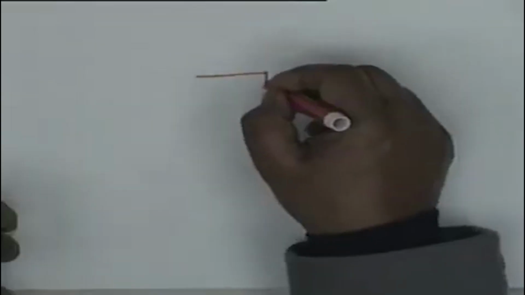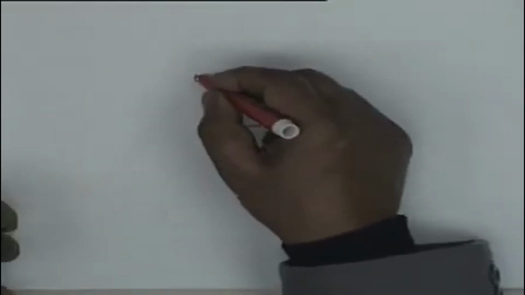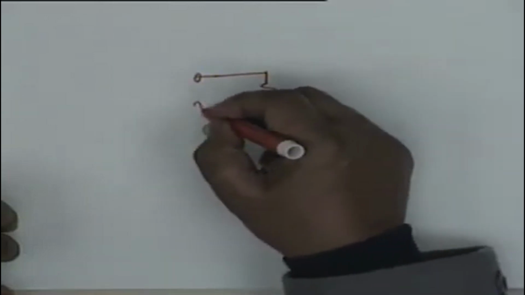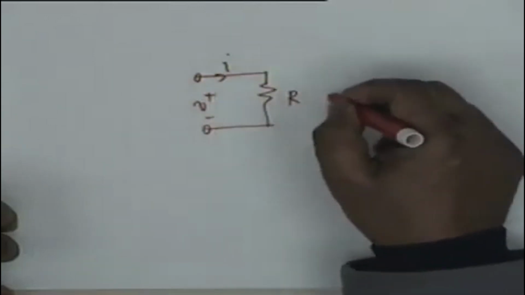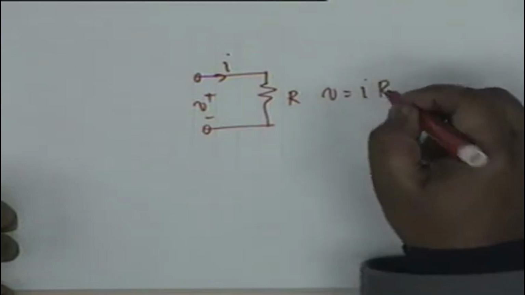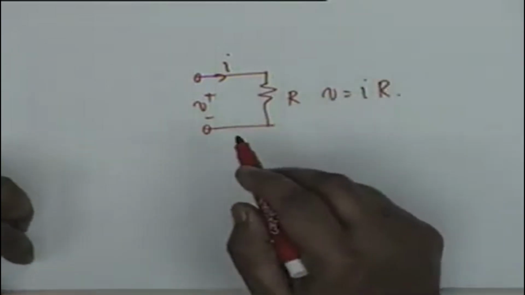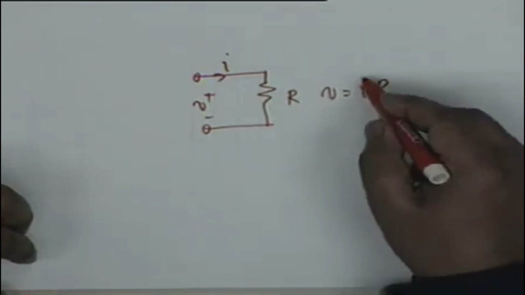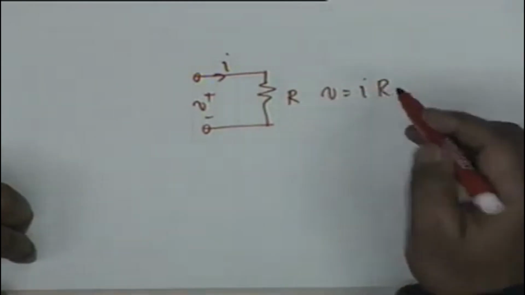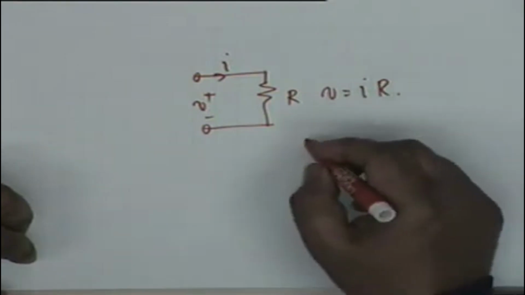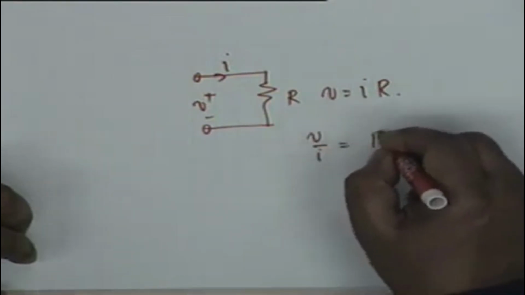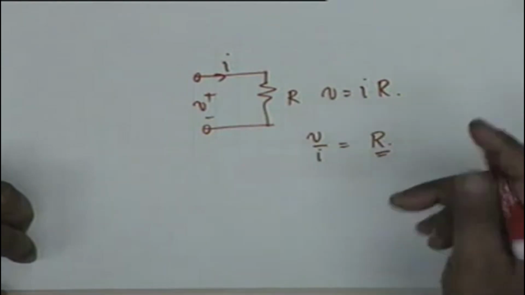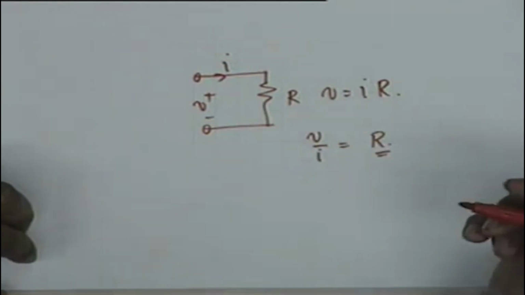For example, if I take a resistance, a two-terminal network, a pure resistance R, then you know V is equal to IR, and if V is of the form e to the st, I is e to the st divided by R. If I is of the form e to the st, then V is e to the st multiplied by R, and V by I is equal to R. This is a constant independent of s.